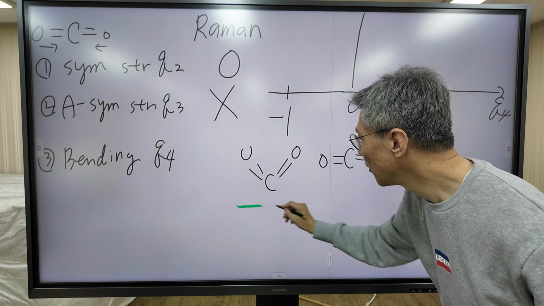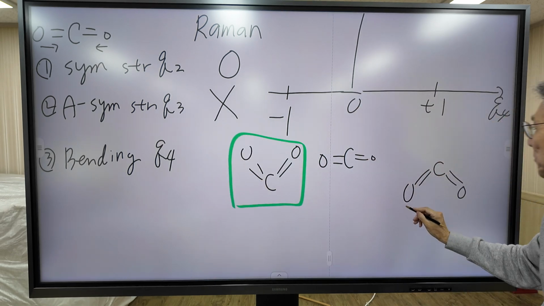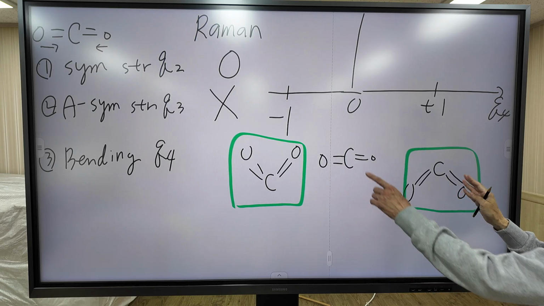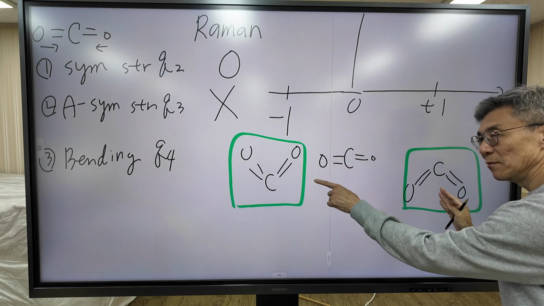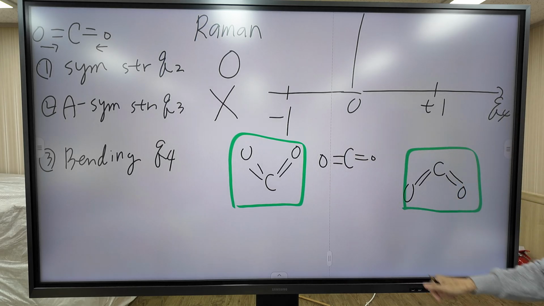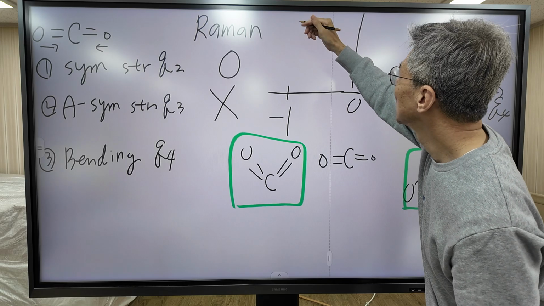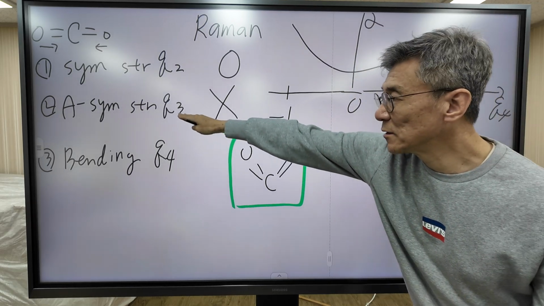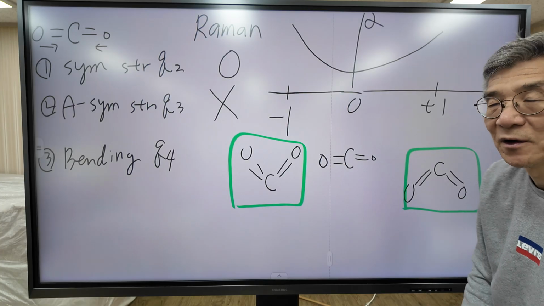Now compare the polarizability of these two shapes. Similar to asymmetric stretching, the polarizability of the two shapes must be the same. So the polarizability function looks like this, the same as the asymmetric stretching mode.